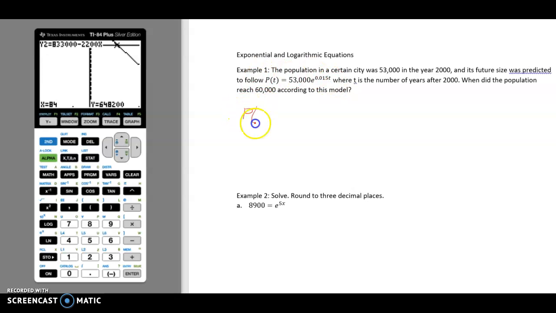So the model that we're dealing with is P of t equals 53,000 e raised to the 0.015 t power. Okay? And I always say when you're working with a problem, you should write down what variables actually represent. So we have two variables.